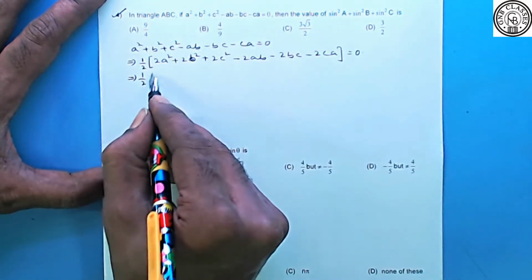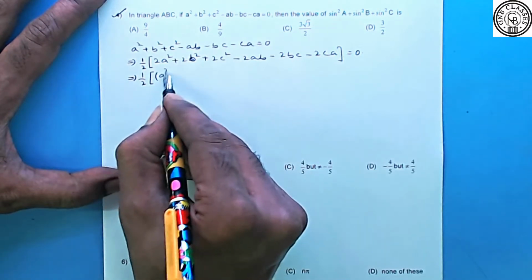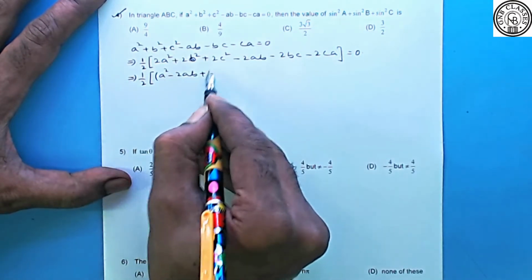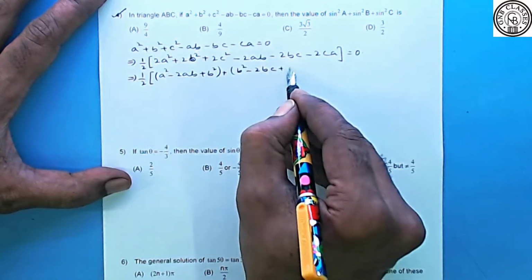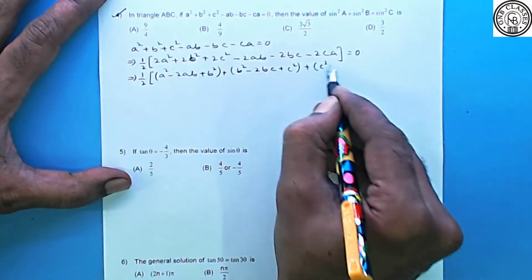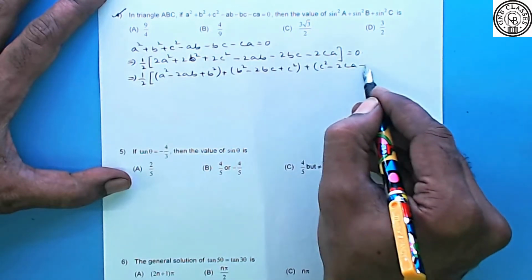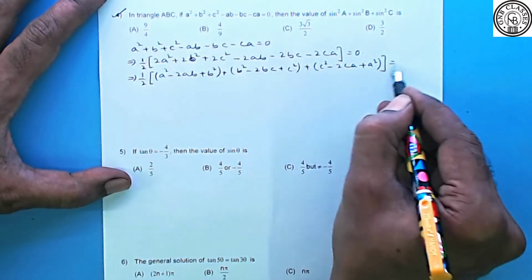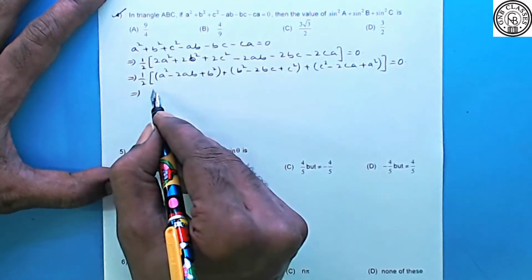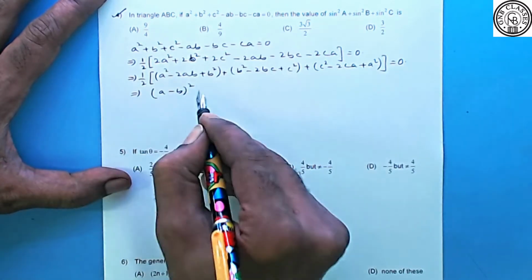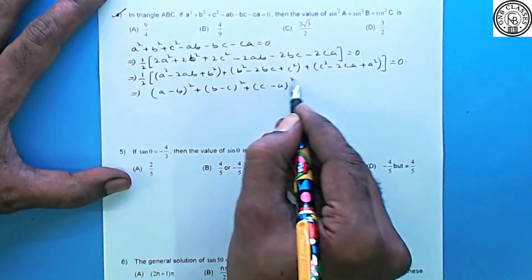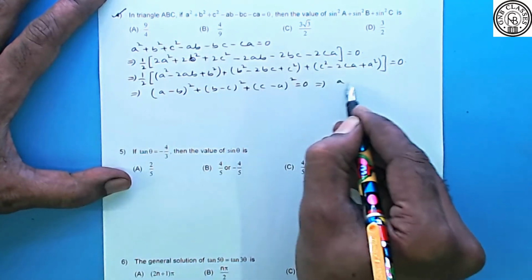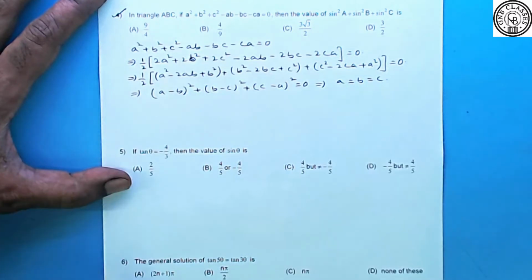That implies a square minus 2ab plus b square, plus b square minus 2bc plus c square, plus c square minus 2ca plus a square equals 0, which implies (a minus b) whole square plus (b minus c) whole square plus (c minus a) whole square equals 0, implies a equals b equals c.